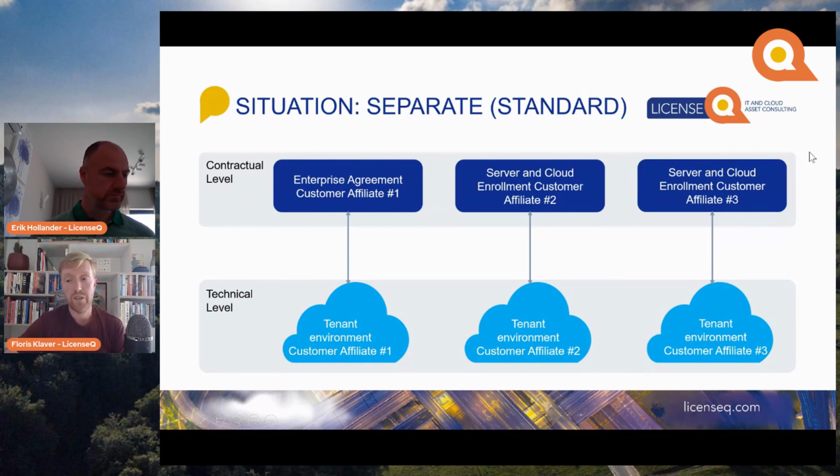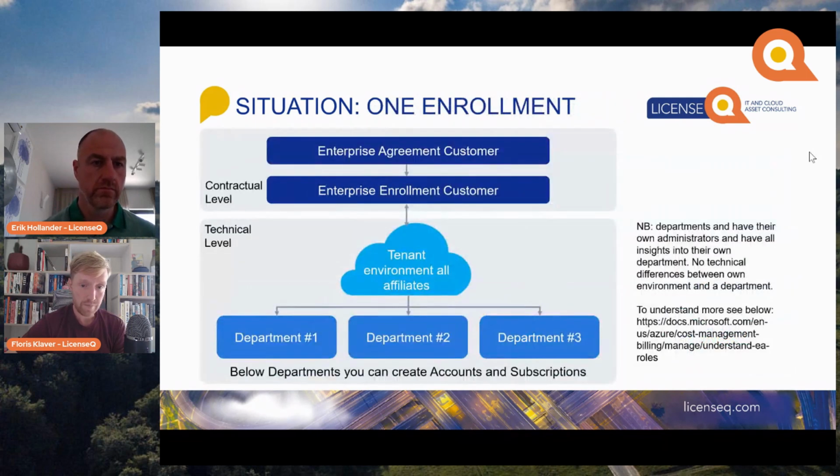So if the question is, how do you get as many benefits and incentives aligned for all your Azure usage within the affiliates in your organization, there are a couple of other ways. There's one way where you sign up to everything in one enrollment, and you have one single environment, and within your technical environment, you set up departments for your different affiliates.